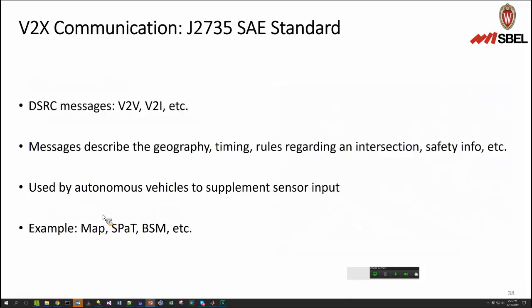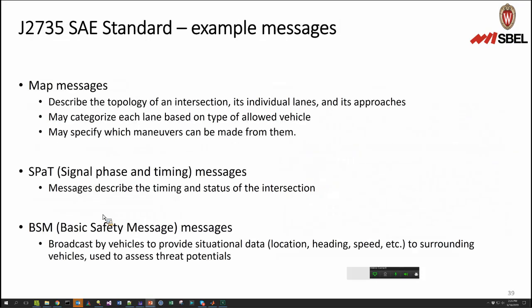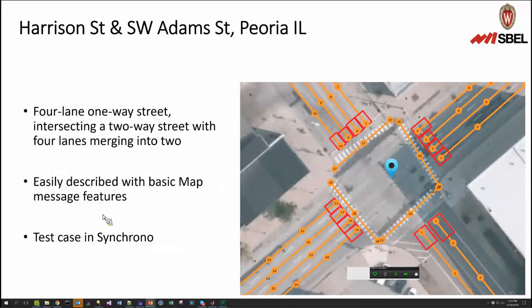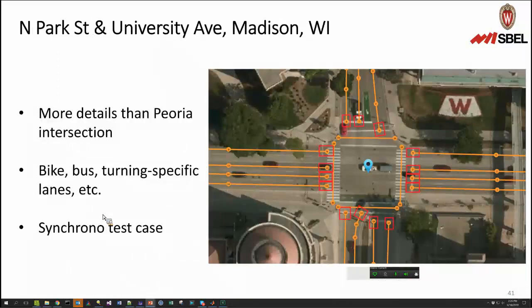I'm not going to get into details here, but right now we have some preliminary support for map messages and SPAT messages, and we look at two intersections, although we abandoned this line of work because the student graduated and moved on. We were looking at an intersection in Peoria because we had information about that, and the same intersection in Madison that I just showed at the intersection between Park and University Avenue.